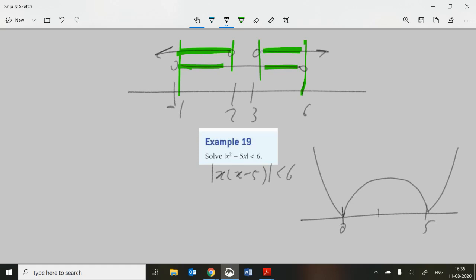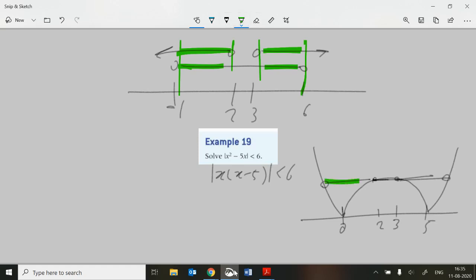So between 2 and 3, this should have gone up a bit like that, but we should have a point there and a point there which is above 6 and not below 6. My graph is a bit rubbish. There we go.